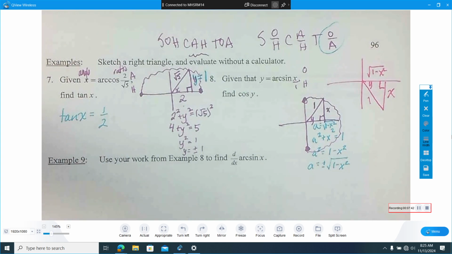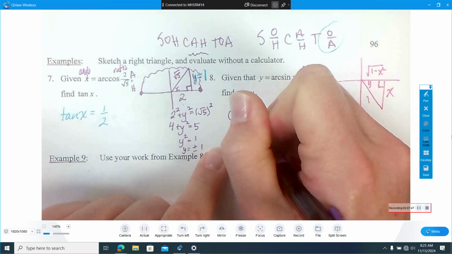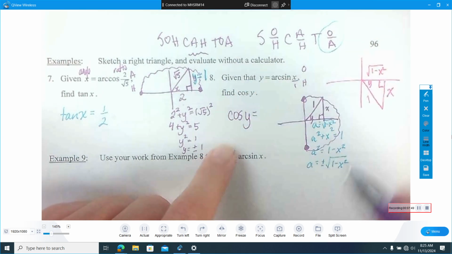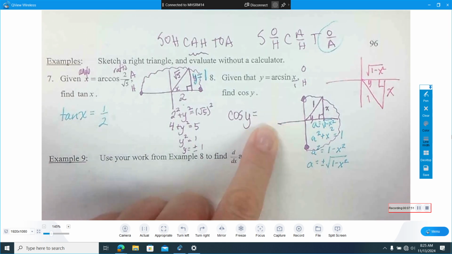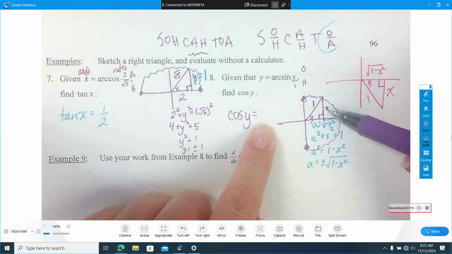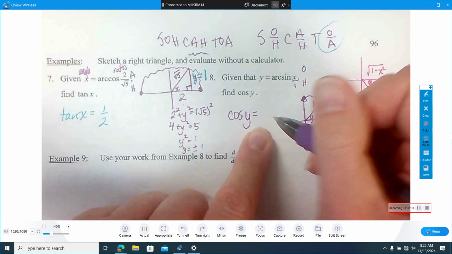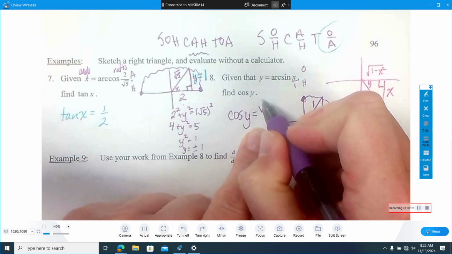And so, since I have my completed triangle, I can find the cosine according to the angle y we drew. Cosine is adjacent over hypotenuse. Even if I did it here, adjacent over hypotenuse, it doesn't matter. It would just take care of itself.